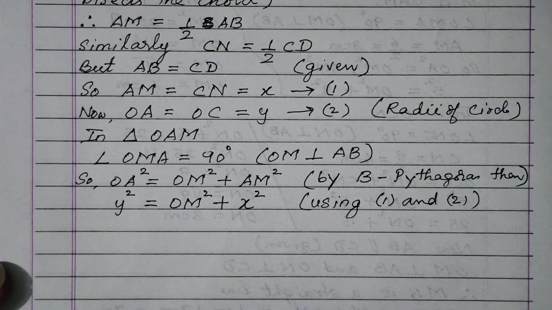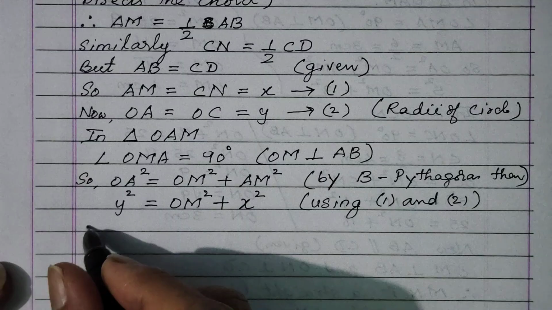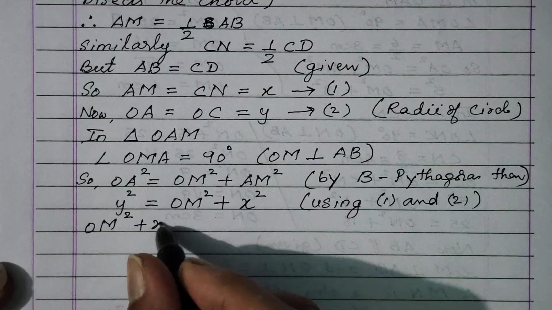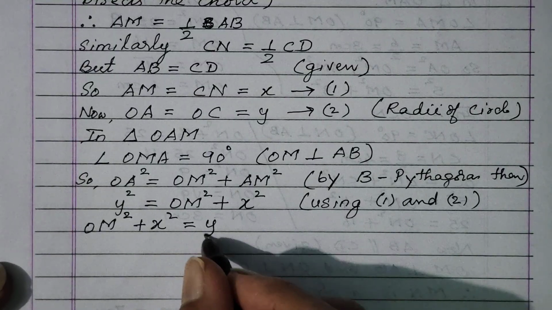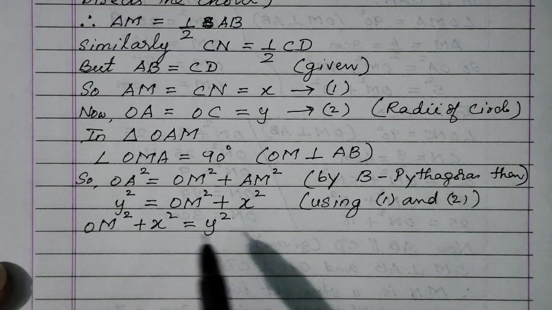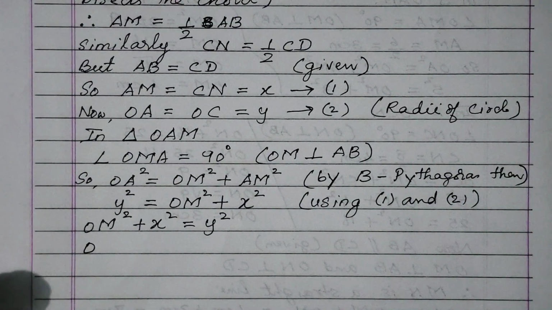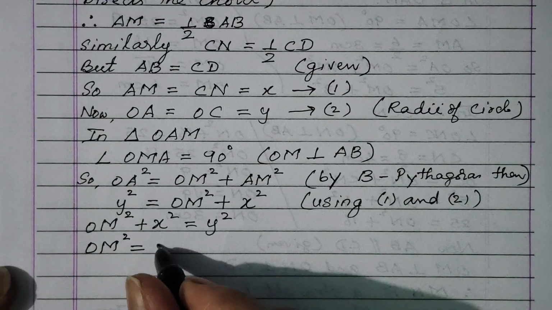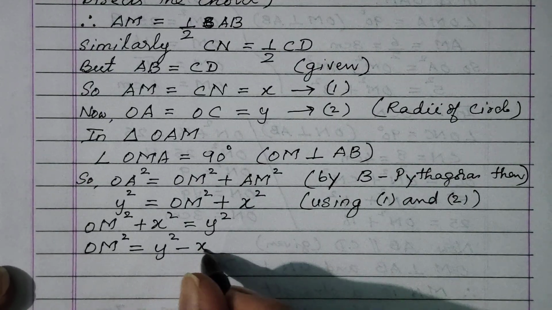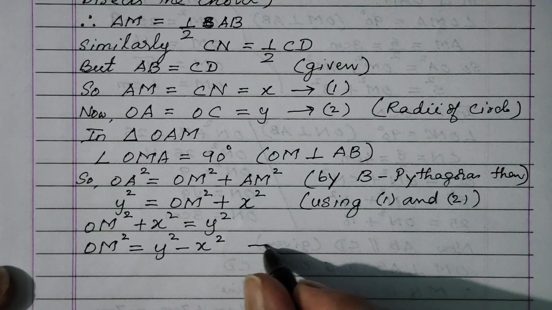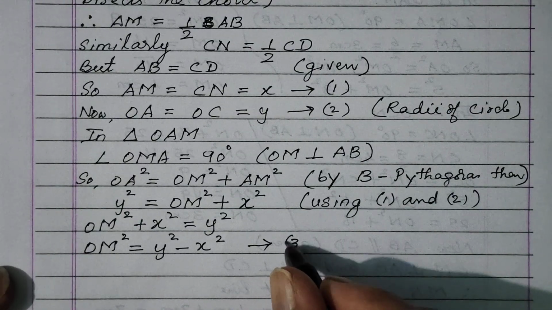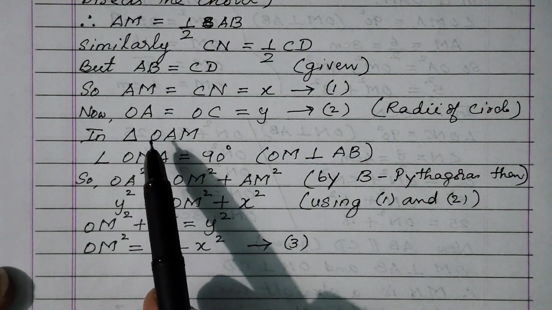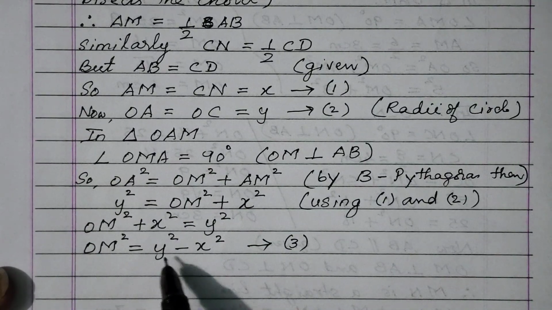So now I will write this equation as OM square plus X square equal to Y square. I will transpose X square to the right side. So OM square will be equal to Y square minus X square. This equation I will name as equation number 3. So from triangle OAM I got OM square equal to Y square minus X square.